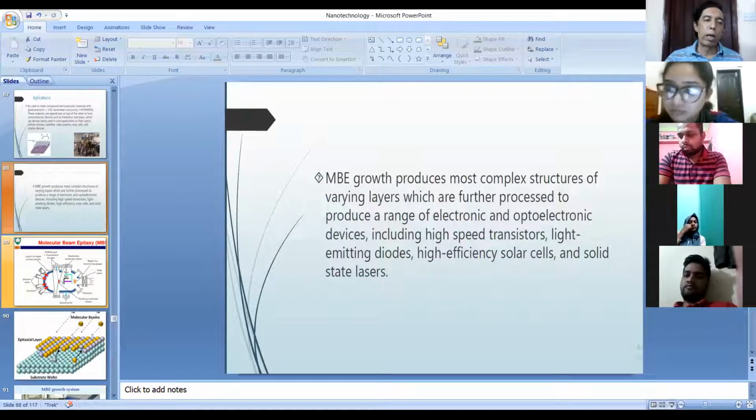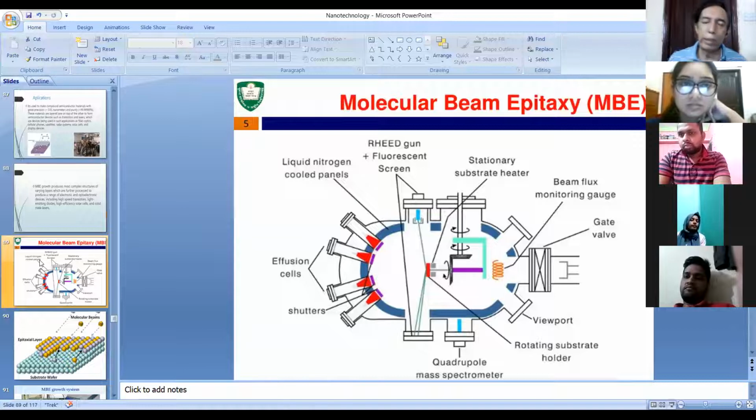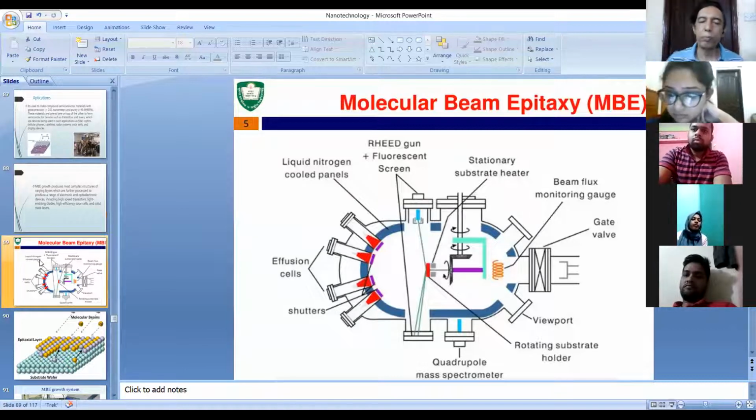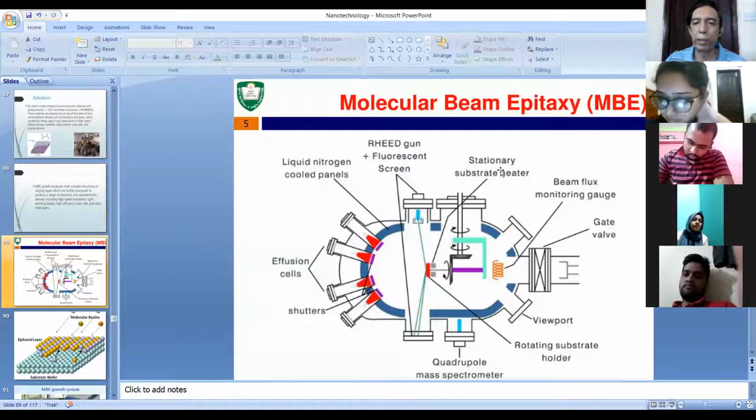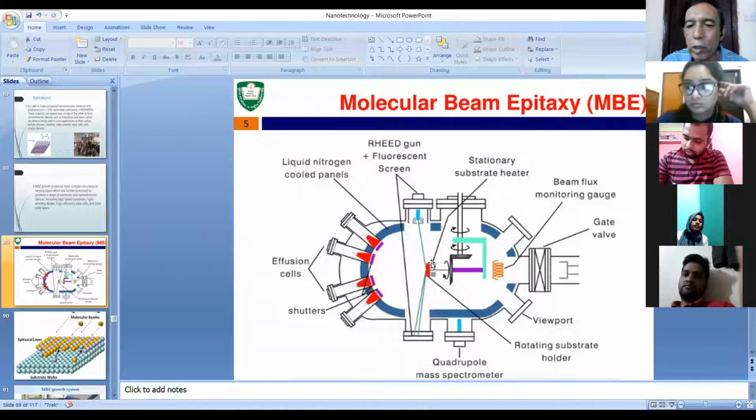Now this is the instrumentation part of the molecular beam epitaxy. You see here, this red portion, this is the substrate, and this is the substrate heater.